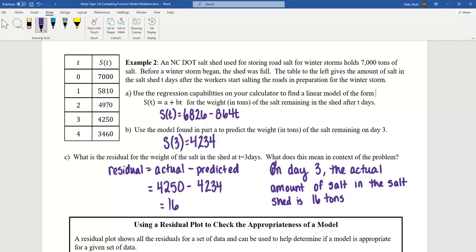Here, this is a positive value, so that's telling me actual was higher than the predicted. So 16 tons more than the model predicted.